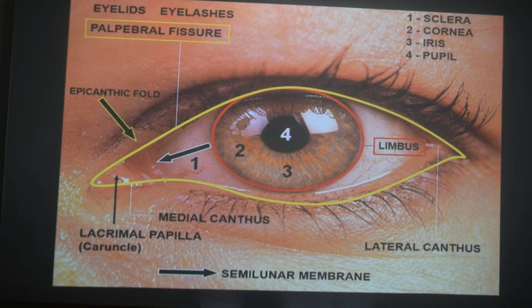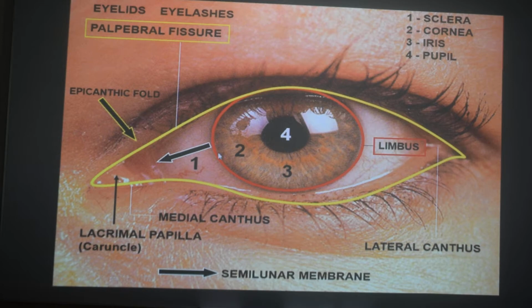So if you go from the white area towards the central piece, where you have a more convex part of your eye, it's the cornea. It's a transparent structure. The cornea is the place where you are going to put up your contact lenses. If you have been using contact lenses, you are going to put it over the top of your cornea.